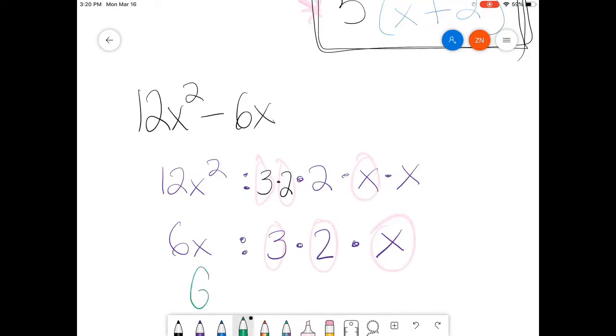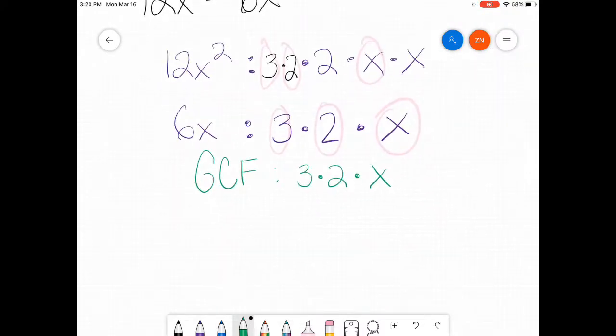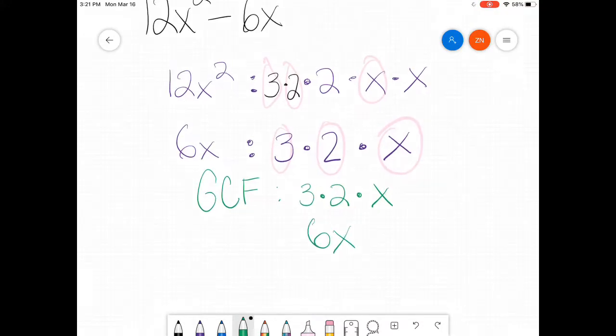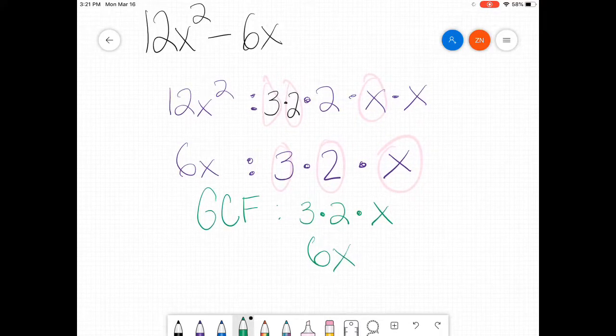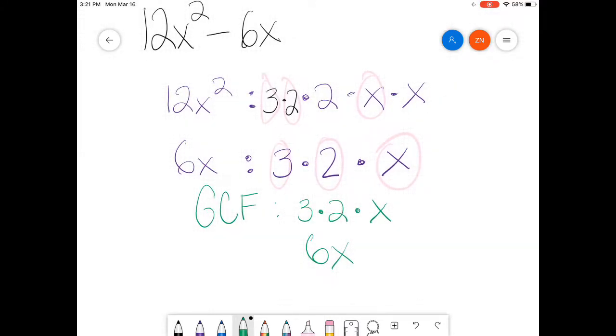So the GCF of 12x squared and 6x would be 3 times 2 times x. In other words, 6x. So if I take out a 6x from 12x squared, you're dividing it. So I have my 6x in front.